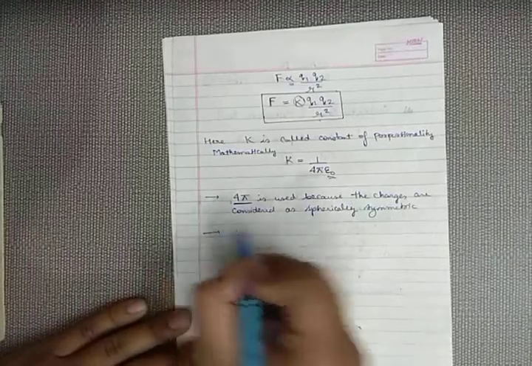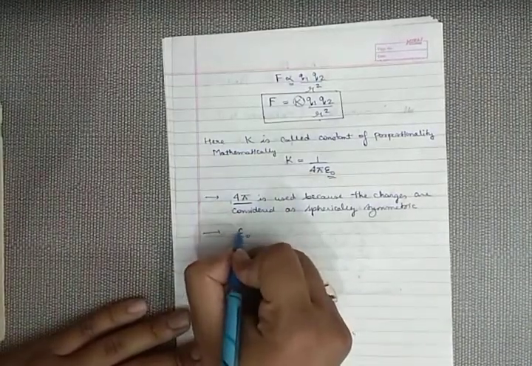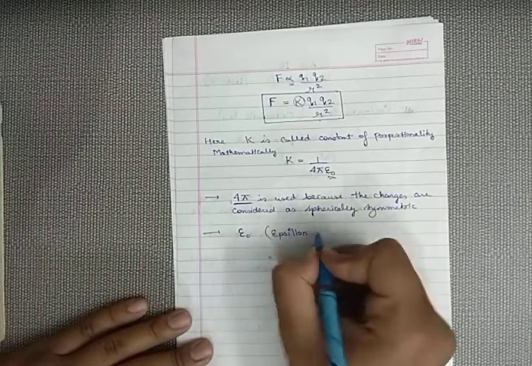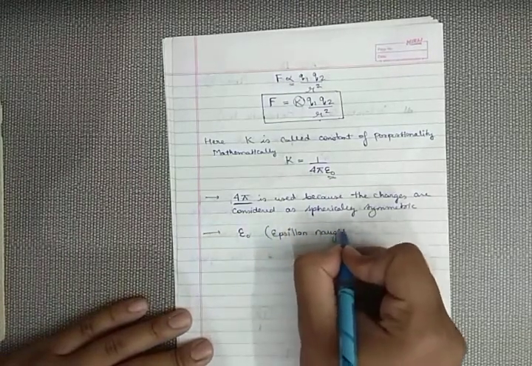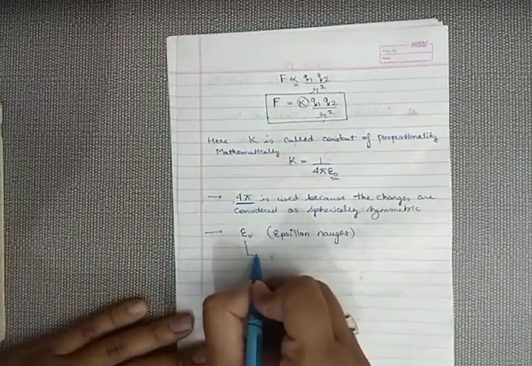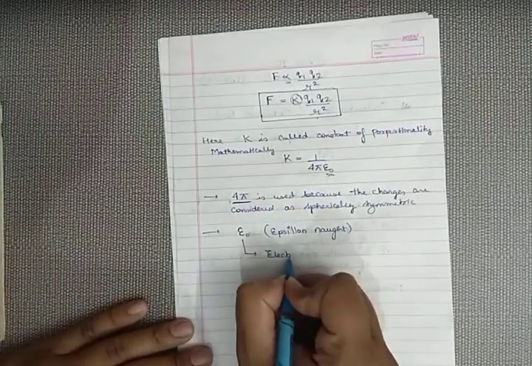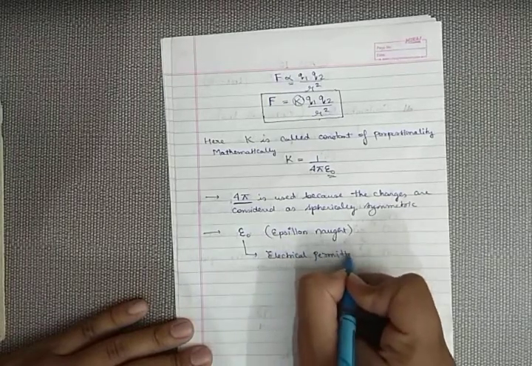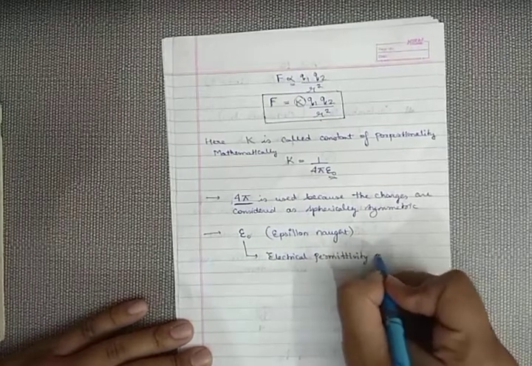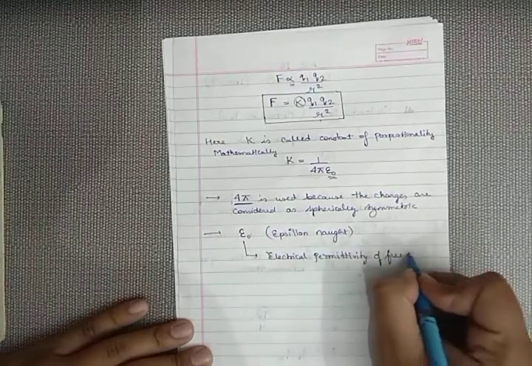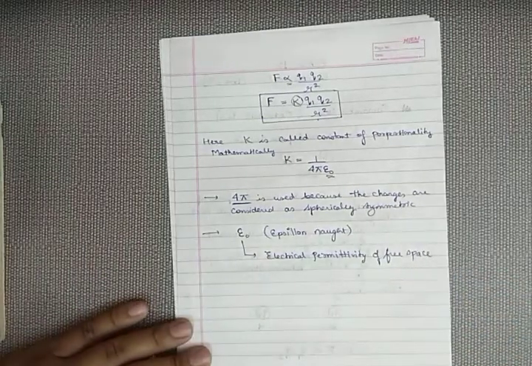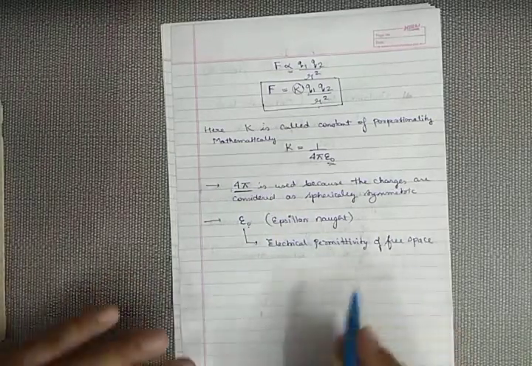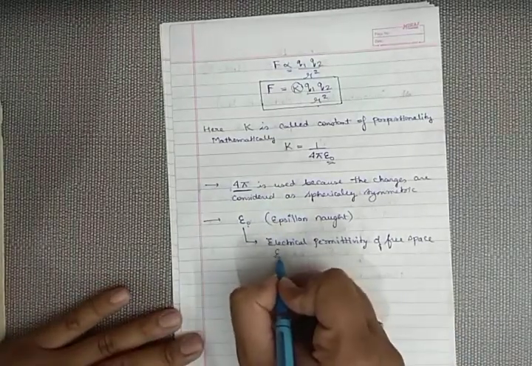Now the second thing is this epsilon naught. This is not E naught, it is epsilon naught. Always try to pronounce it as epsilon naught only. This epsilon naught means basically electrical permittivity of free space, and the value of this epsilon naught is fixed.